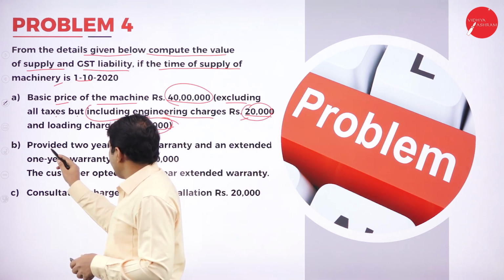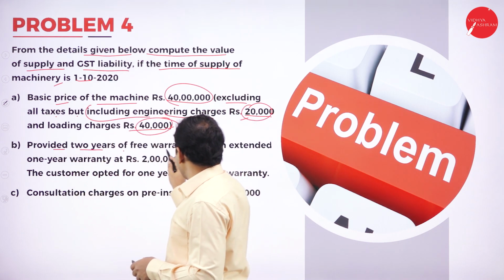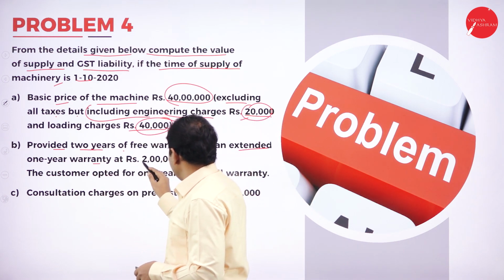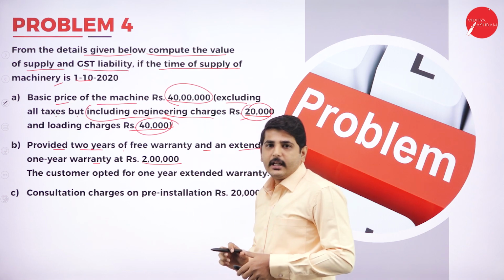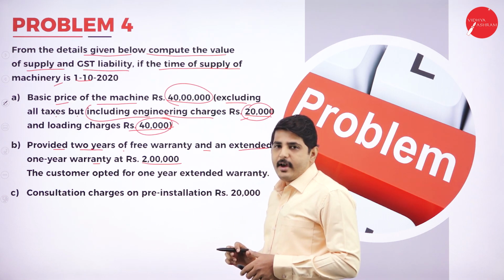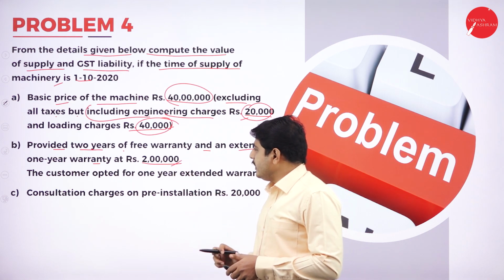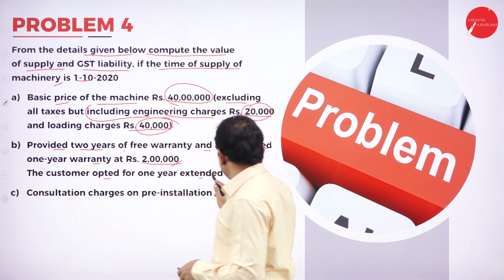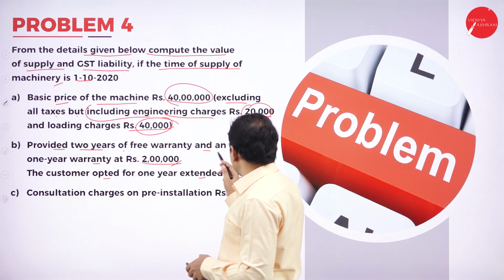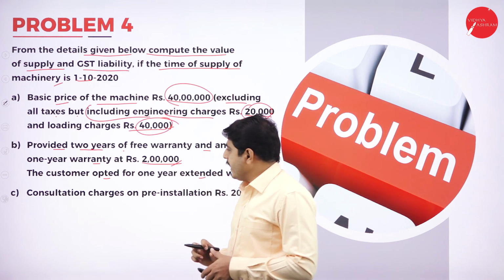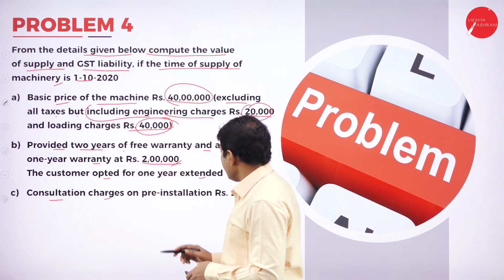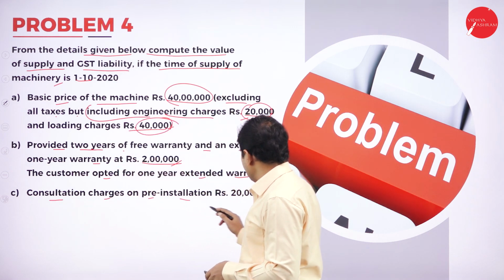Next one, provided 2 years of free warranty and extended 1 year warranty rupees 2 lakhs. So the company is providing extended warranty for 2 lakh rupees. This can be added. The customer opted for 1 year extended warranty. Next one, consultation charges on pre-installation rupees 20,000.